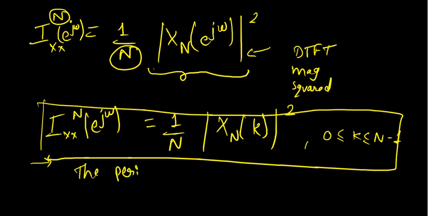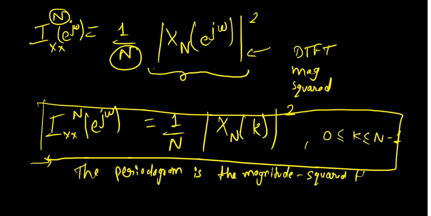So a single statement can be written for this entire equation: the periodogram is nothing but, here comes the definition of the periodogram, the magnitude squared function of the DFT, that is the discrete Fourier transform now, not the DTFT, of the data sequence.